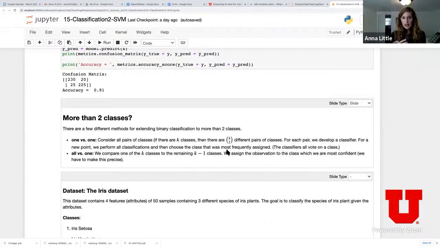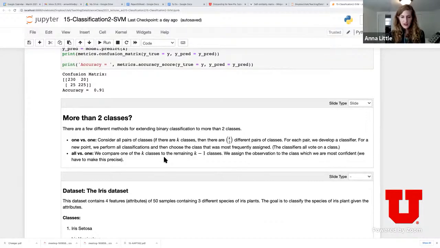But another way you can do it is the all versus 1. In this case, if you have K classes, you make a classifier that compares each class to the remaining K minus 1 classes. So you would have a classifier that answers the question, am I in class 1? Yes or no. Am I in class 2?